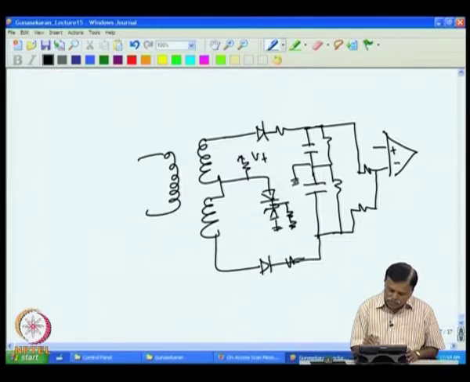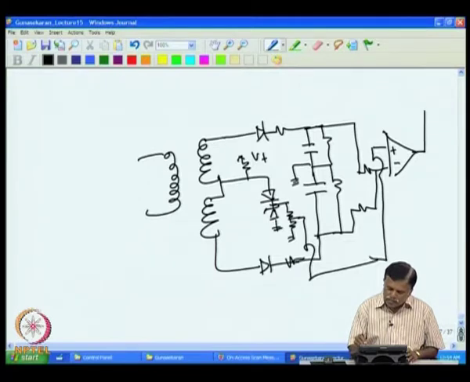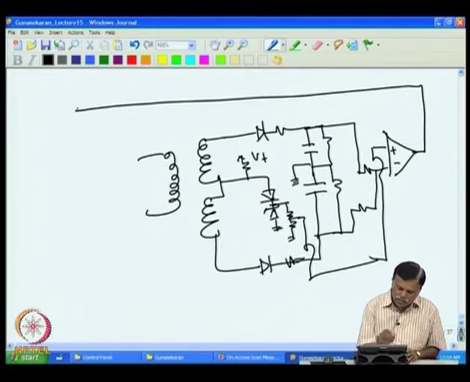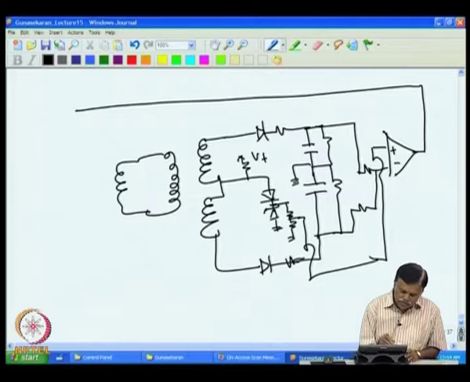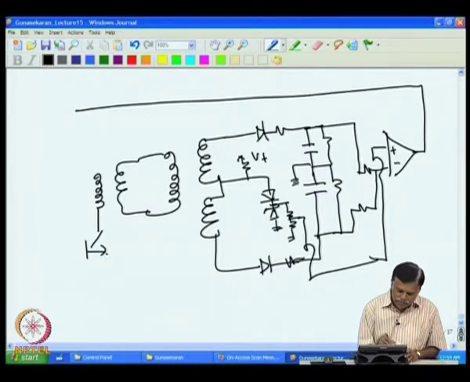So, I put a divider here and then connect the V reference to this point, and this can be connected to the oscillator, we already discussed about this.